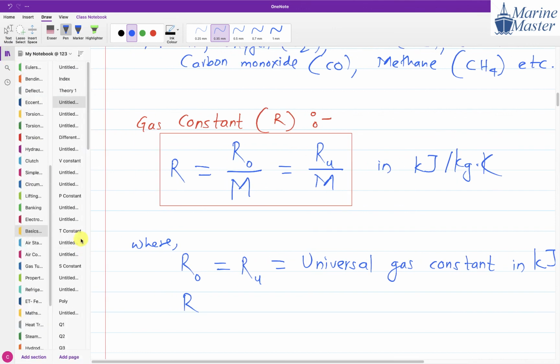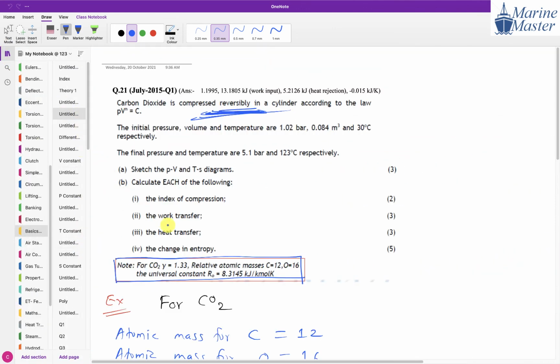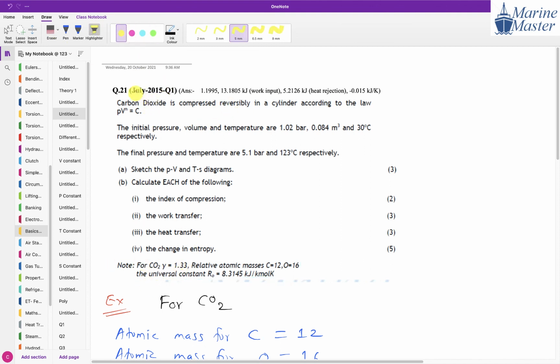Generally, if you see the exam question, one minute, I am going to show you one exam question. This is question number 21 from our booklet, asked in the July 2015 exam.